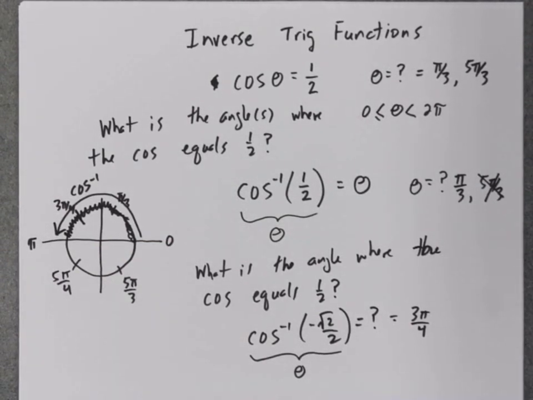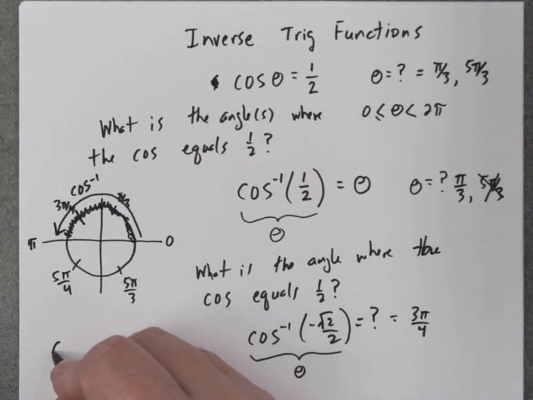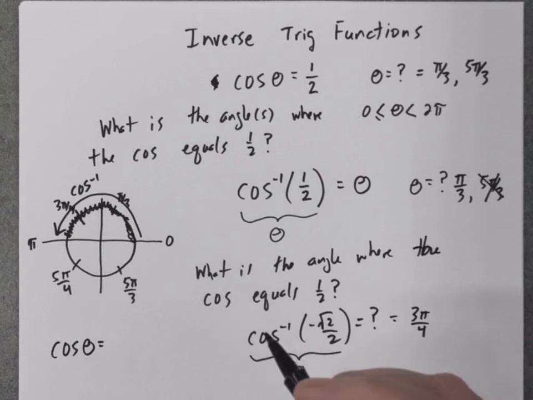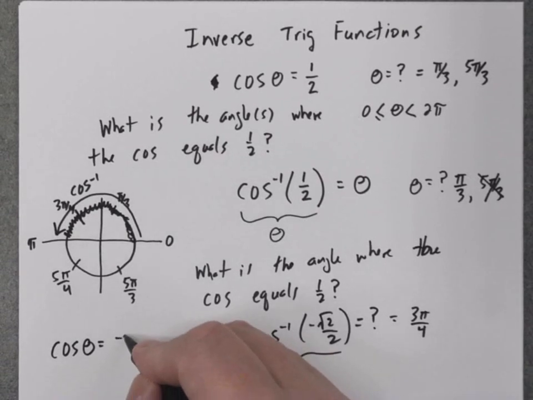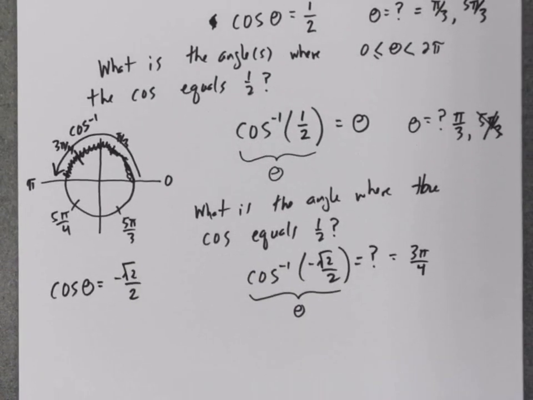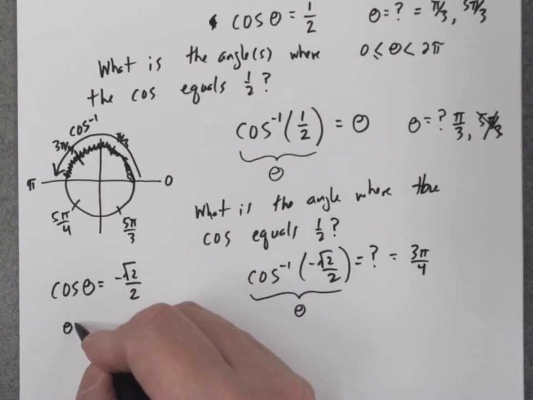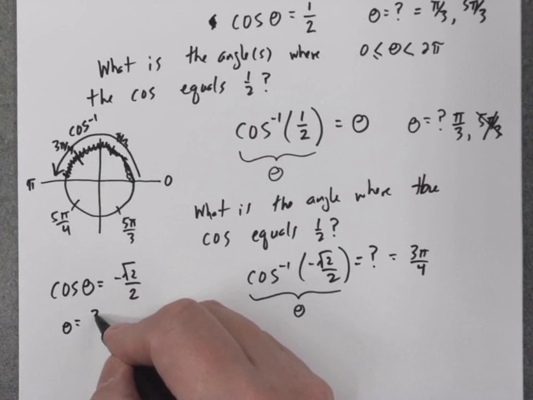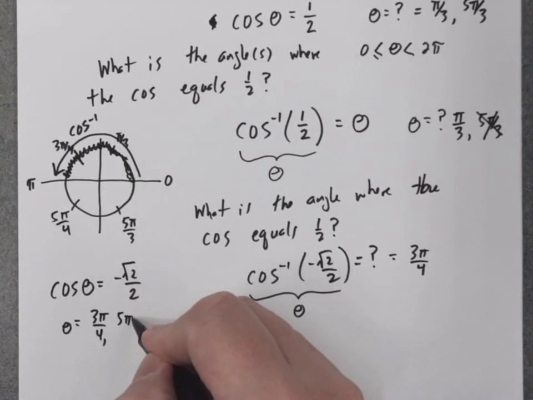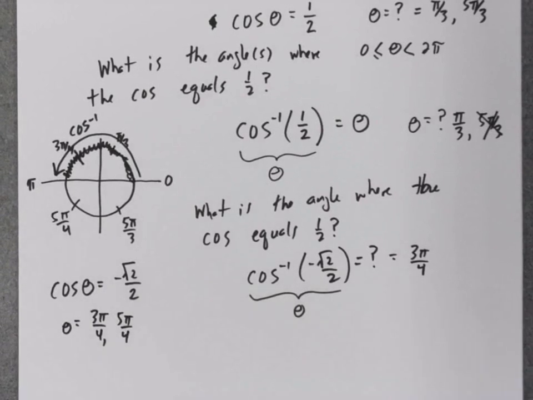Just to make the point clear, if we were given this problem, cosine of theta equals negative square root of 2 over 2, what's the solution? I would in fact put 3 pi over 4 and 5 pi over 4.